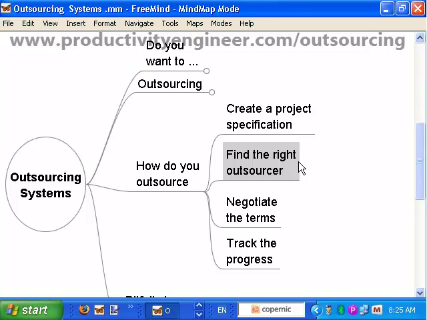So you want to go to there are various outsourcing sites, depending on what kind of job you have to do. There's elance.com, which is good for writing tasks, for article writing, ebook writing. You can get even some coding done there.